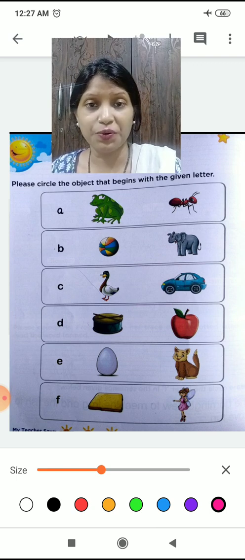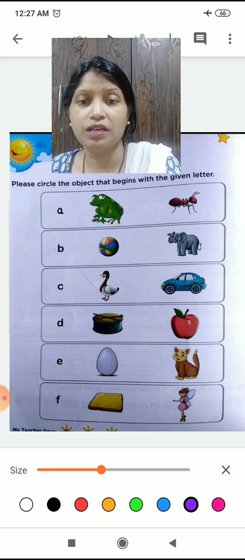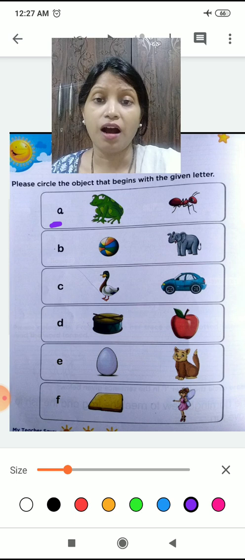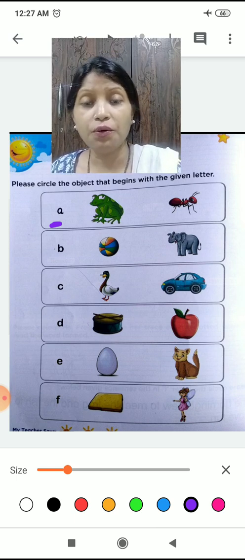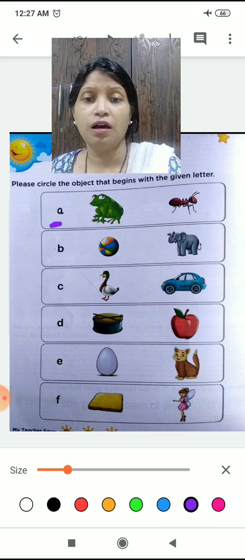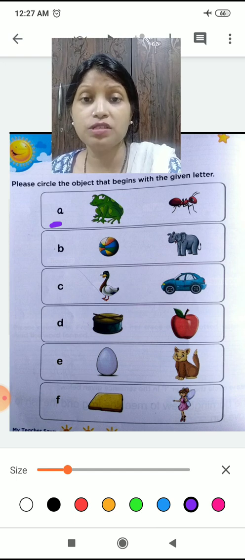Okay? So, help me children. Okay, let's start doing it. Now, tell me, what is it children? Yes, this is alphabet A. Now tell me children, which object starts with alphabet A? We have to circle it.